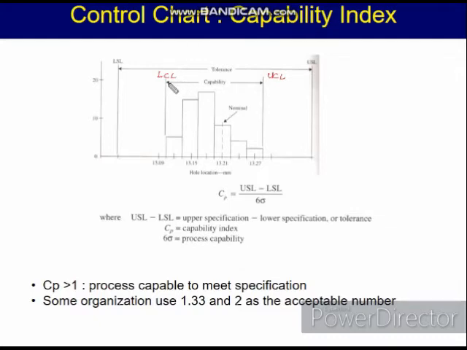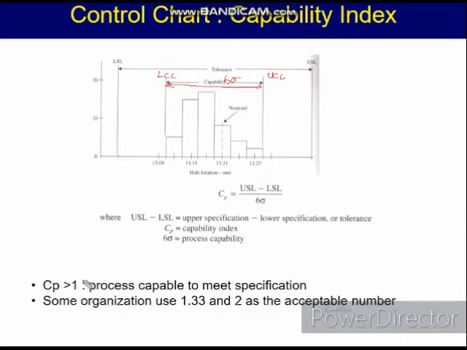So the distance from upper to lower control limit is basically 6 sigma. What Cp does is calculate the relative width between the spec limit and what your process can do, 6 sigma.